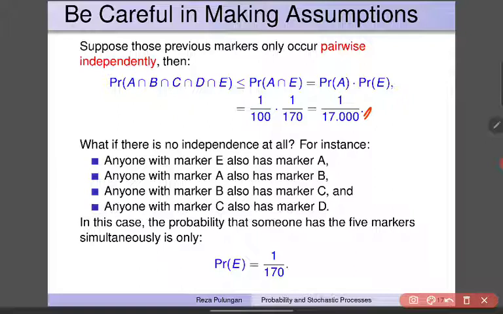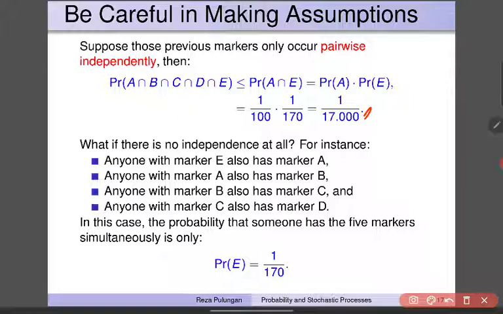What if there is no independence at all? Namely, these five markers are actually dependent upon one another. For example, anyone with marker E also has marker A. Anyone with marker A also has marker B, and so forth. So this simply means that if you have any marker, then you also have the other markers.